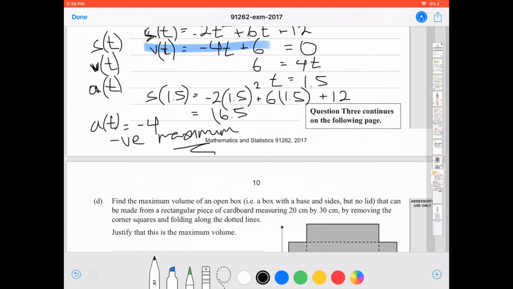You could also justify it graphically, so you've got a negative parabola, so it looks like this, and so any turning point for the negative parabola is going to be a maximum, right? Okay, so S equals 16.5.